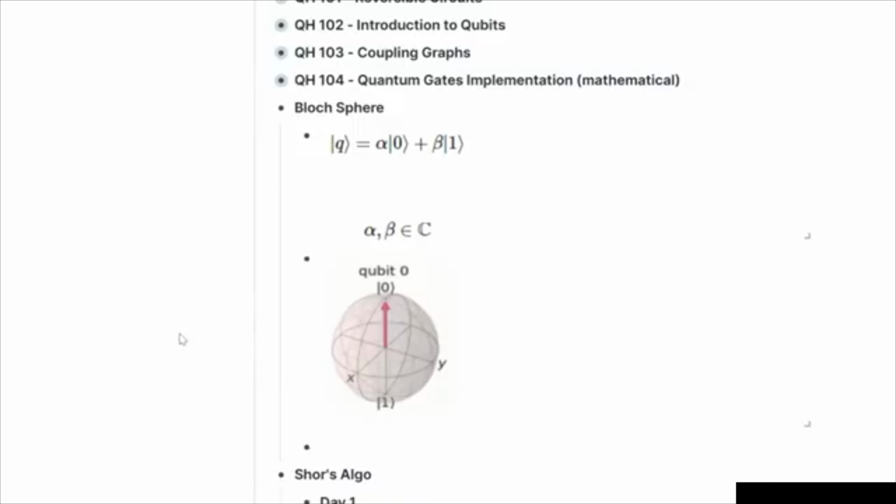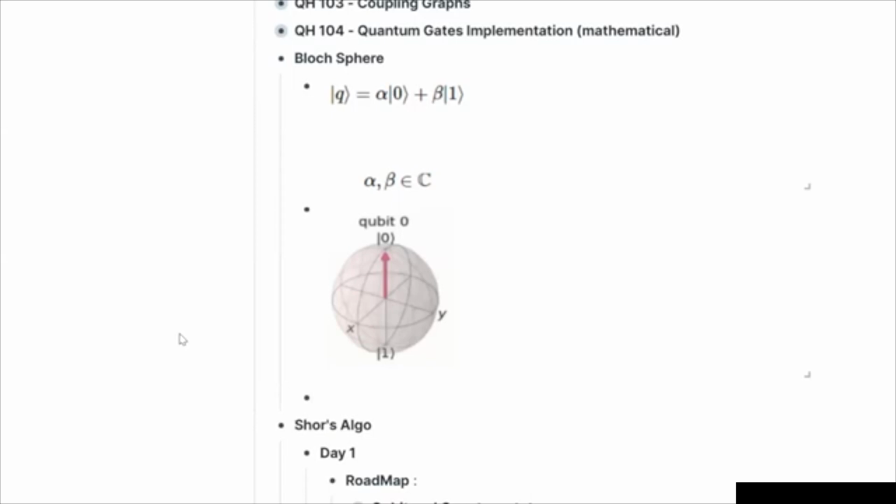In a pictorial representation, this is known as a Bloch sphere. The states zero and one are marked on the z-axis over here. That's pretty obvious: for any point on this sphere, the projection on the zero axis would be that probability, and the projection on the one axis would be its respective probability.